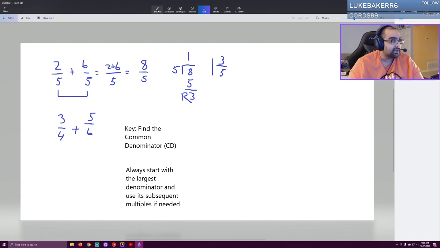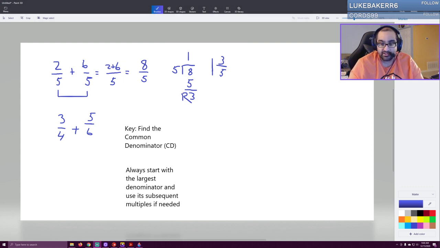All right, so 4 and 6, again, the answer is not 2. What we want to look at specifically is 6 first, and ask, hey, is 6 our common denominator?